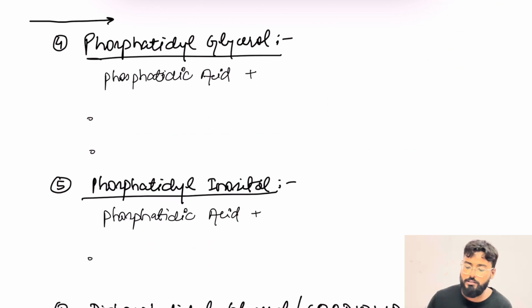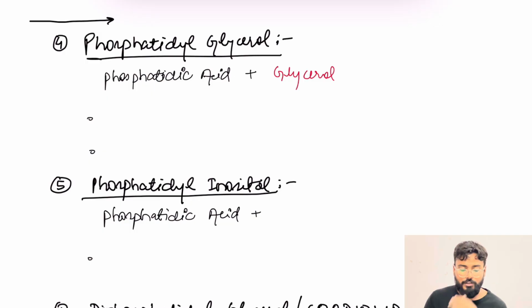Moving on to the next, your phosphatidylglycerol, which is your non-nitrogen containing base. And the head group in this case is going to be your glycerol, obvious by the name.